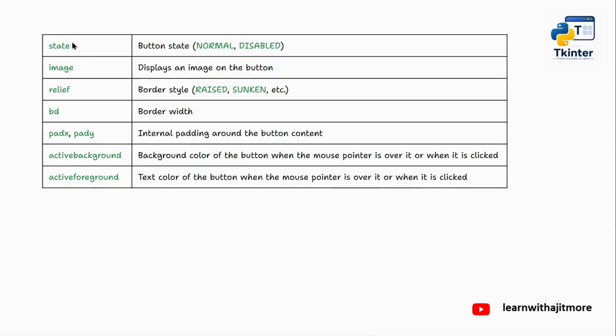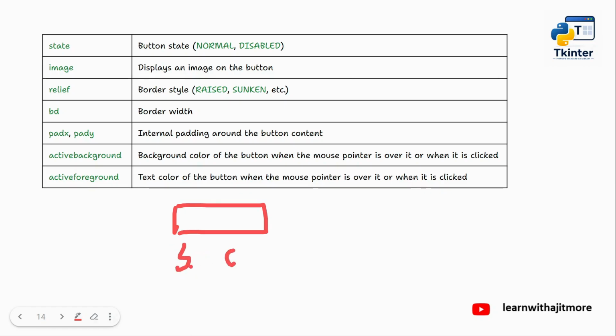See, a few more are given. Like the initial state of the button. If you want to set the button disabled initially, you might have seen sometimes some buttons are disabled, and by doing some activity, it becomes enabled. Like when you're saving a file, you give the file name. In the save dialog, you might have seen you give the file name, and there is a save button and a cancel button.